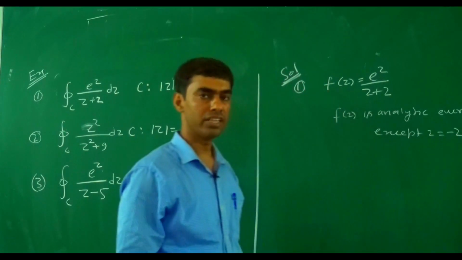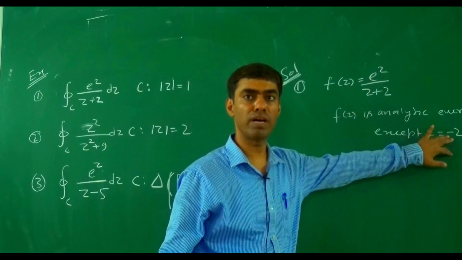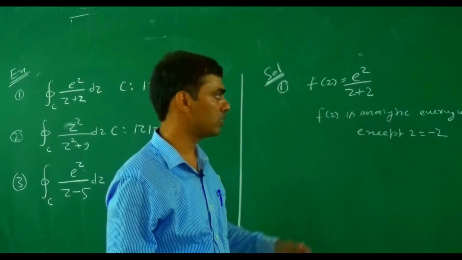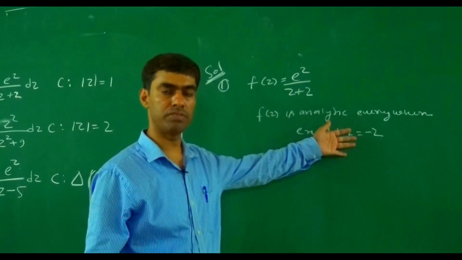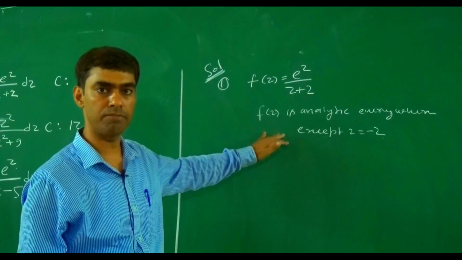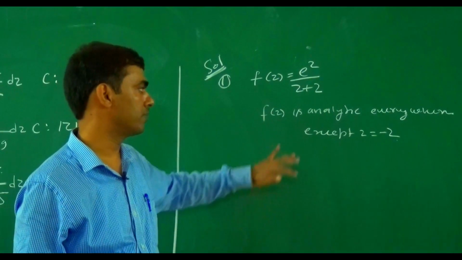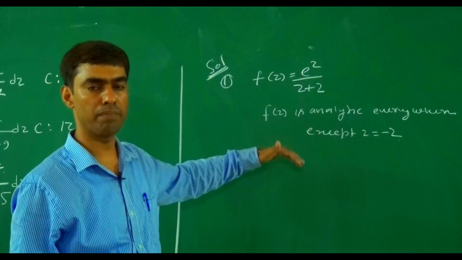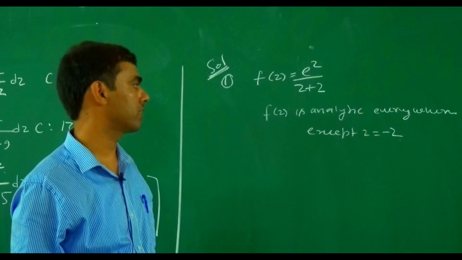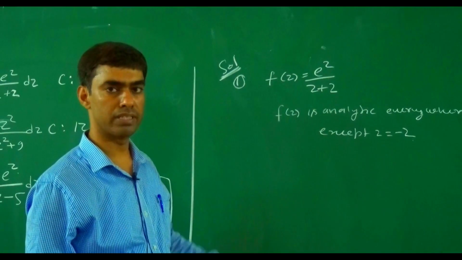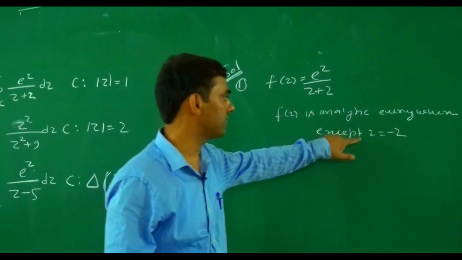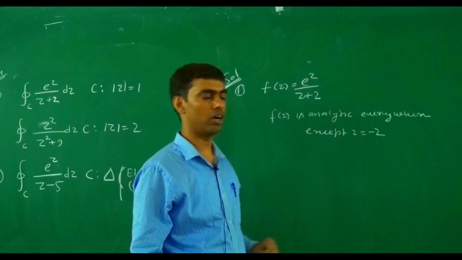Now we examine whether z equal to minus 2 lies inside or outside the closed curve C. If it lies outside, then we conclude that inside the closed curve C, the function f(z) is analytic. If it lies inside, then we apply further theorems, the Cauchy integral formula and the Cauchy integral formula for the derivative. But here we examine whether z equal to minus 2 lies inside or outside.